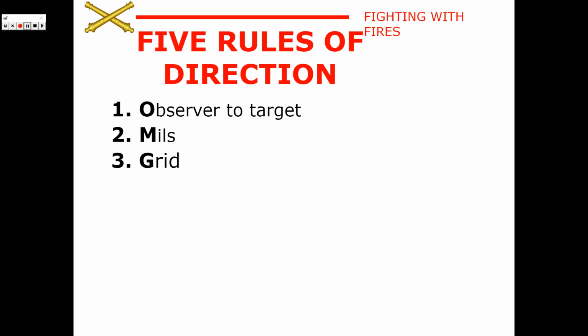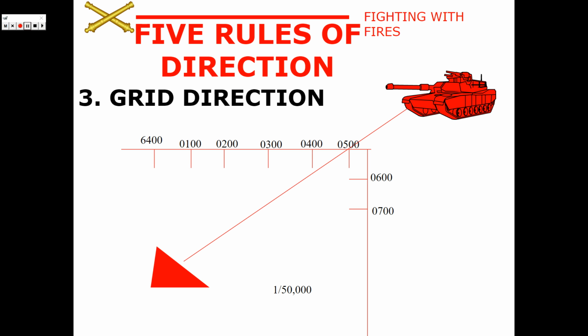You can also use a grid to find directions. So we've got our OP down there in the bottom left again, and you are trying to plot a line from your observation post to the target. Now let's say you've got a map, and thanks to terrain association, maybe some road placement, you're able to figure out where that target is.